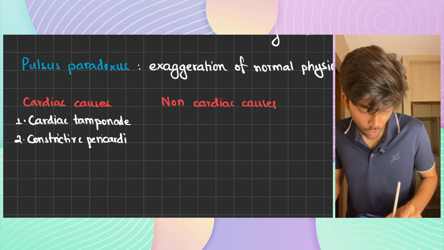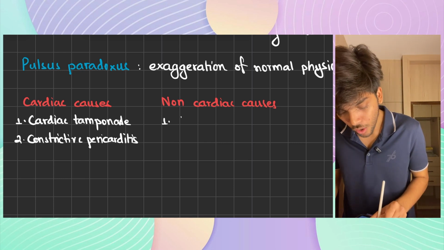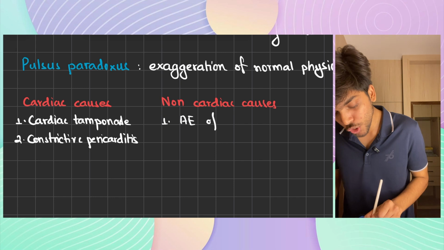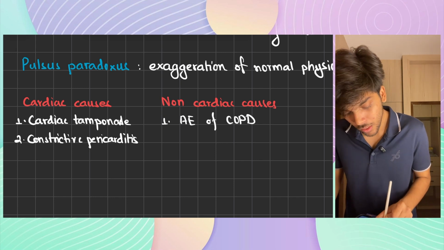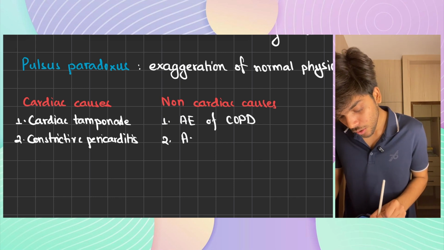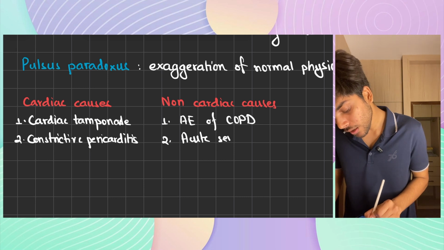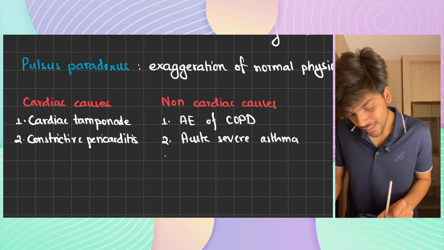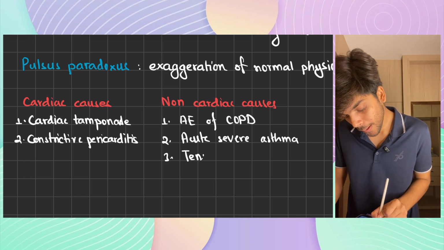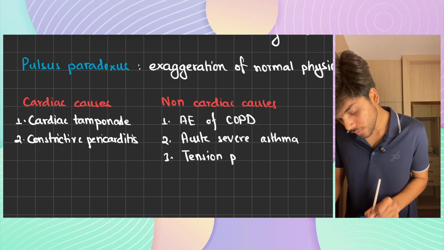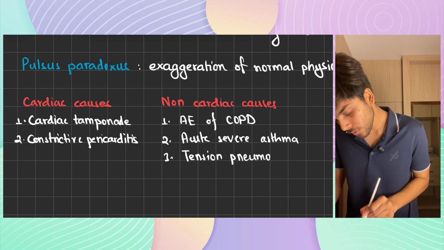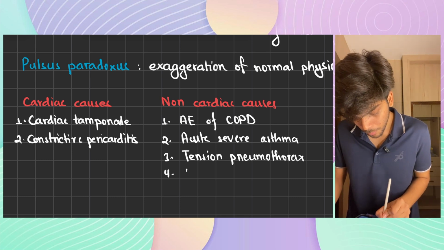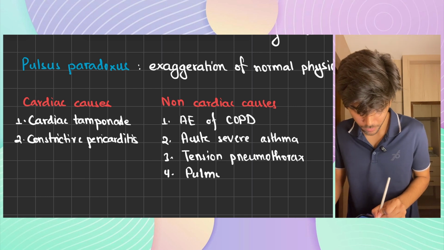And the non-cardiac causes are number 1, acute exacerbation of COPD, number 2, acute severe asthma, number 3, tension pneumothorax, and number 4, pulmonary embolism.